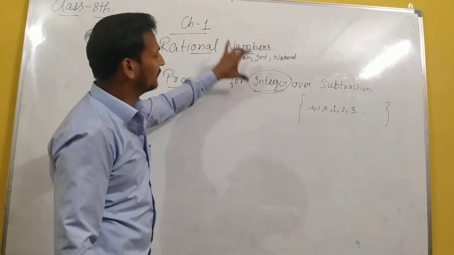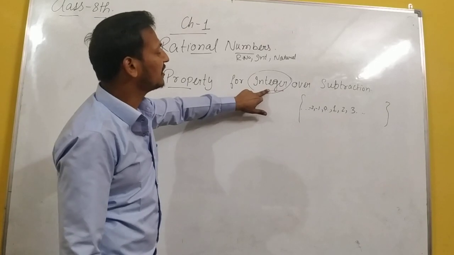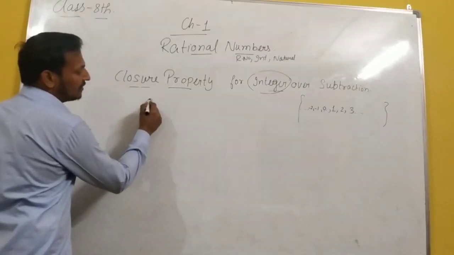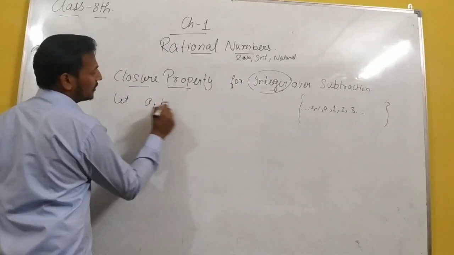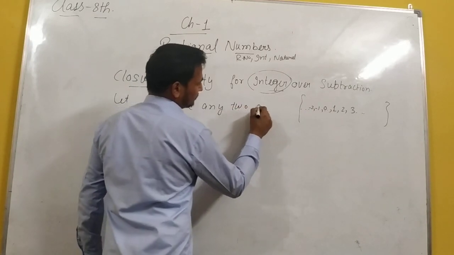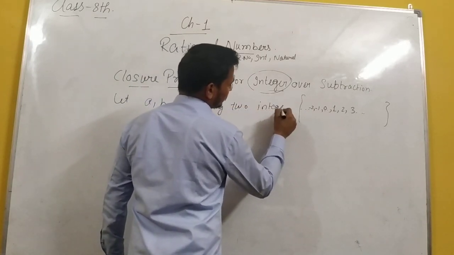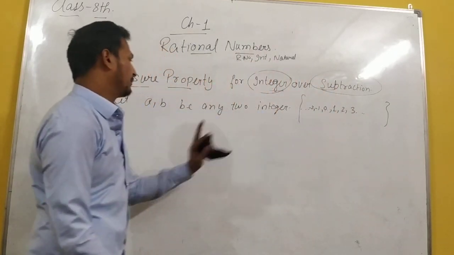Again, the first step is to check your set. Our set is integers. So we start by taking two integers. Let A and B be any two integers. The second step is to look for the operation, subtraction.